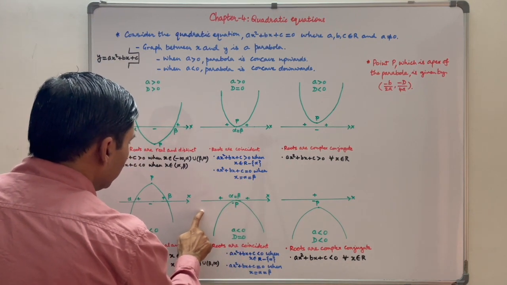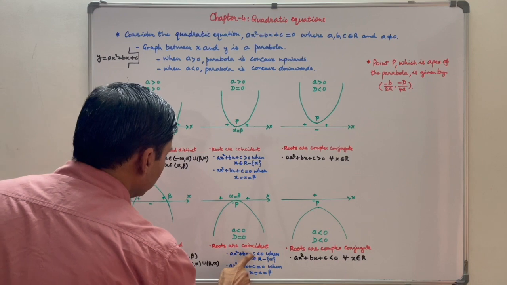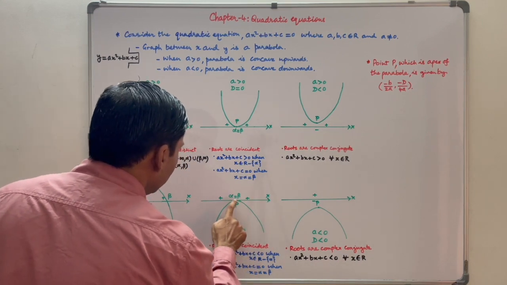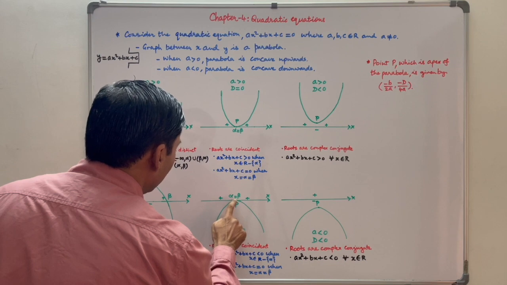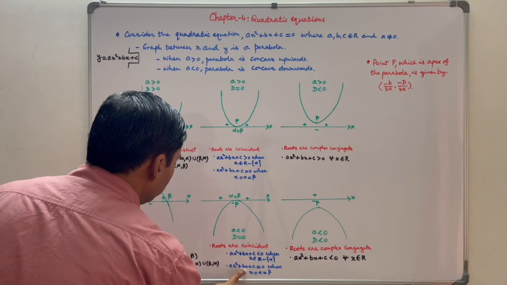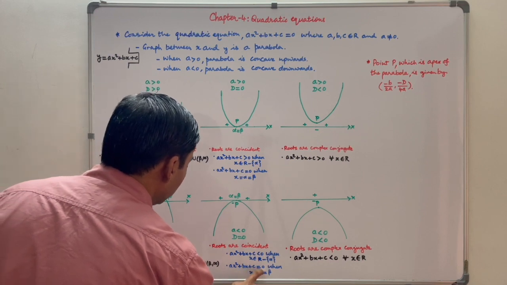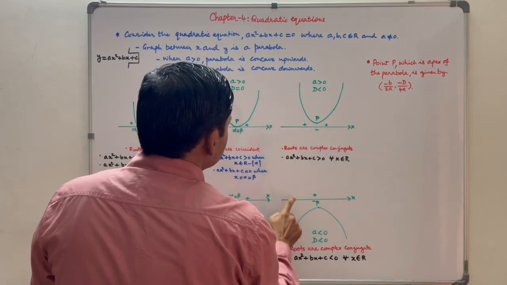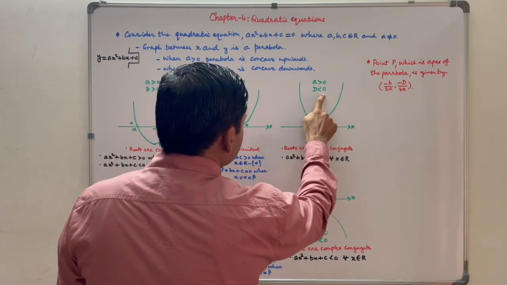In figure 5, ax square plus bx plus c is less than 0 for all x except when x is equal to alpha or x is equal to beta. And ax square plus bx plus c is equal to 0 when x is equal to alpha or x is equal to beta.